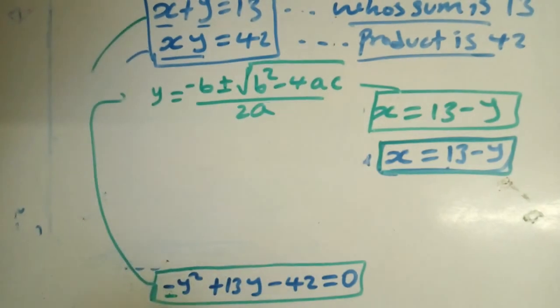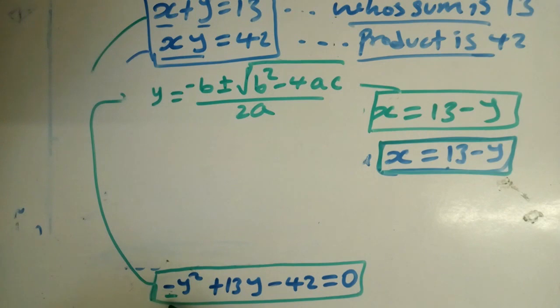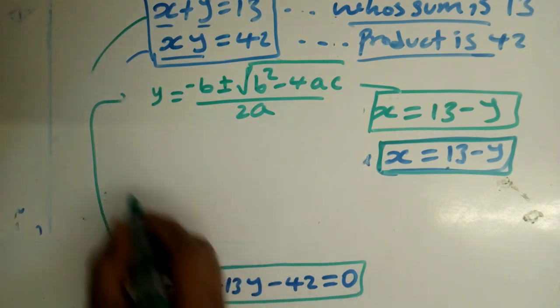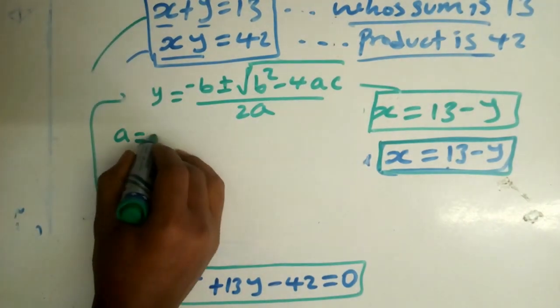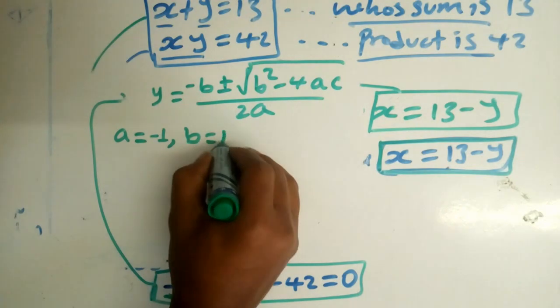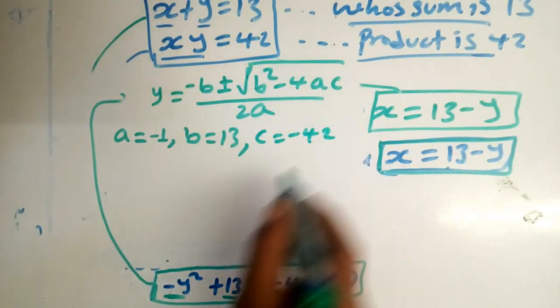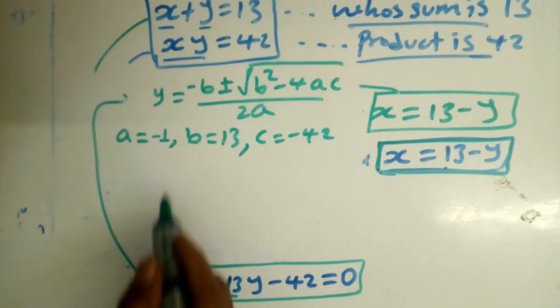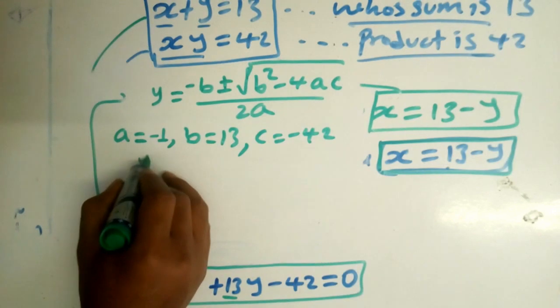a is this value minus 1, b is 13 and c is negative 42. Now directly substituting in the quadratic formula, we have the following result.